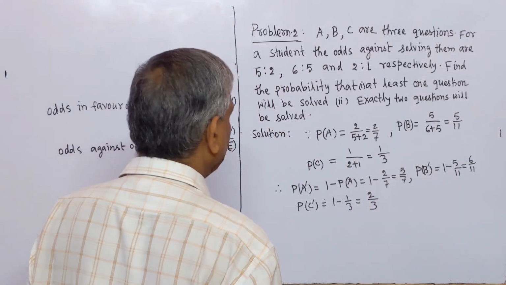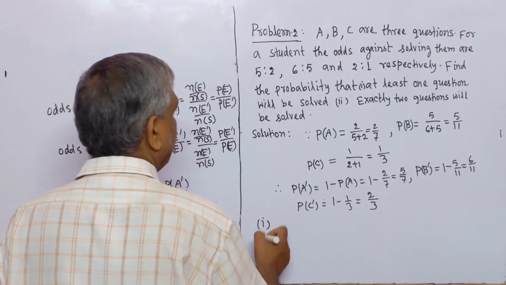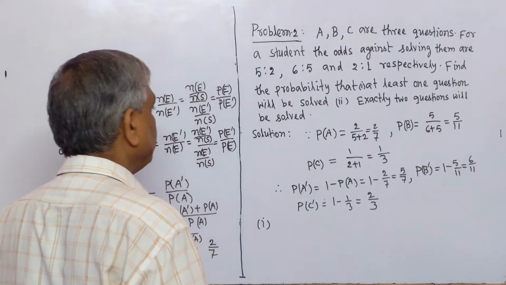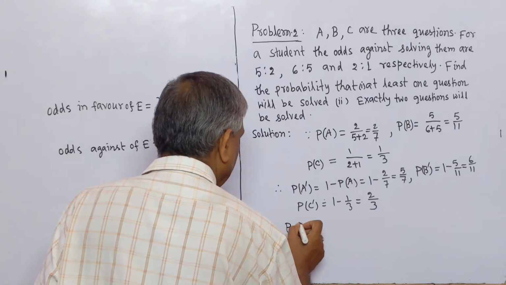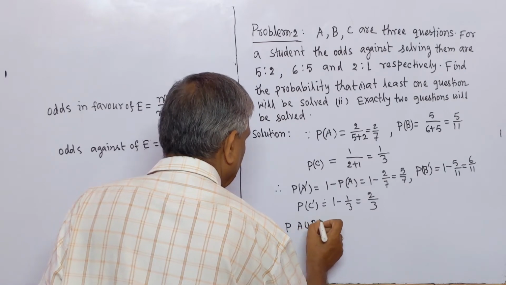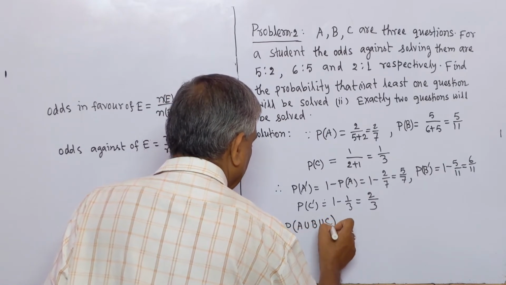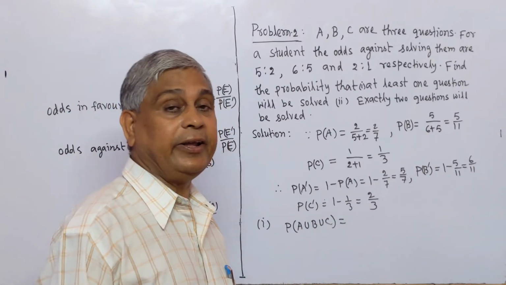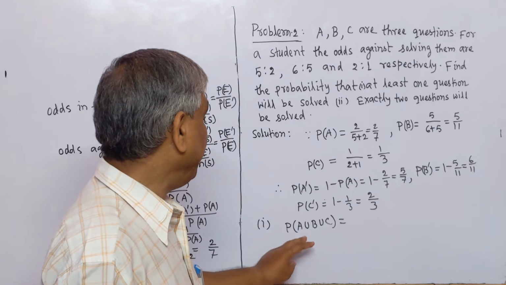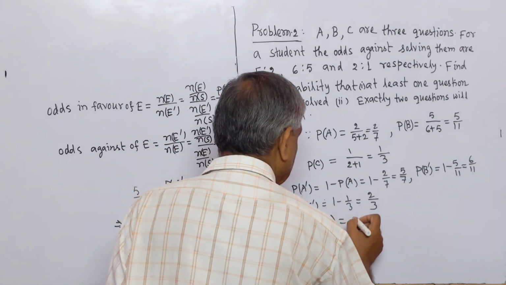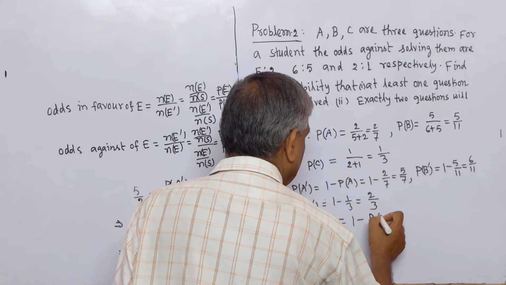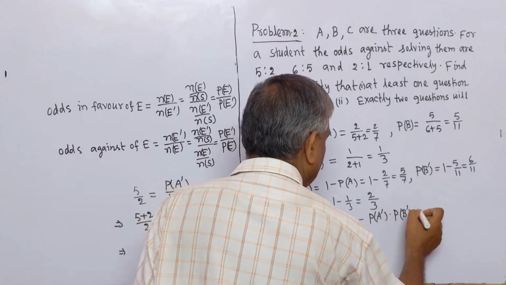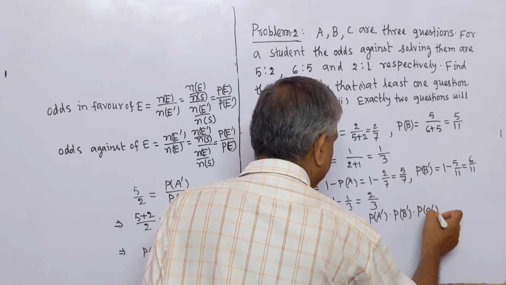Now we solve the problem one by one. Number 1. At least one question will be solved. That means we have to find the probability of A union B union C. Since A, B, C are independent events, by the complementation rule, this is equal to 1 minus PA prime multiply PB prime multiply PC prime.